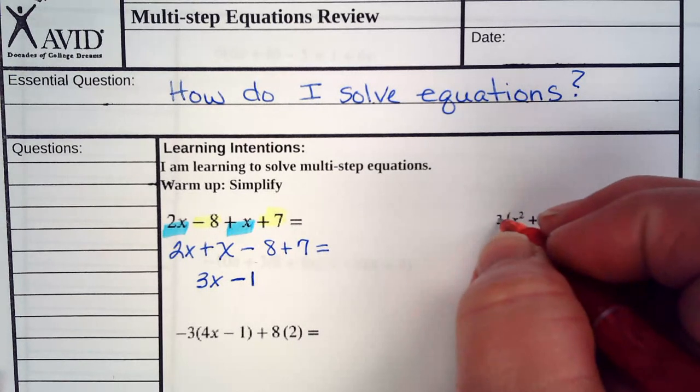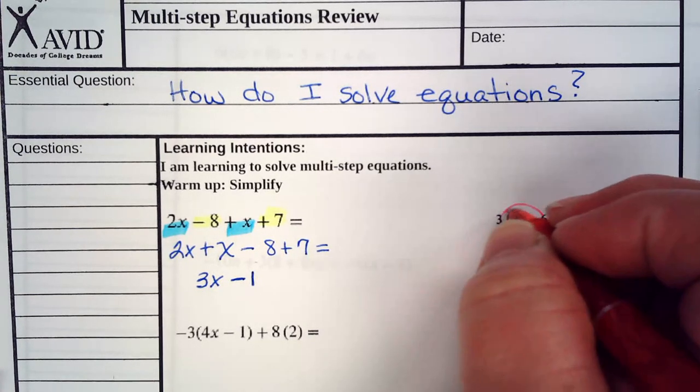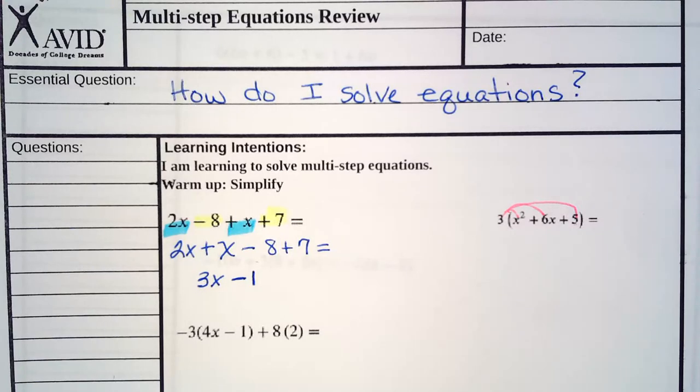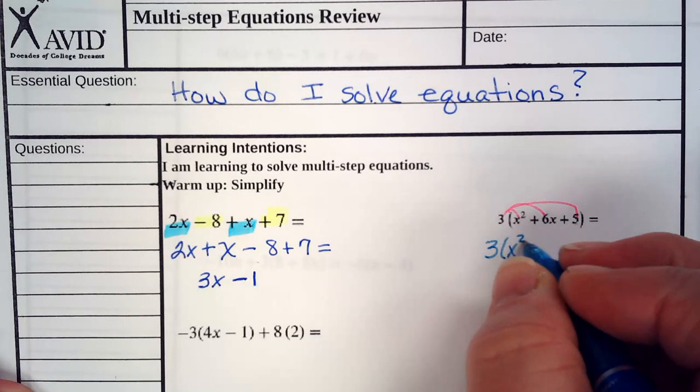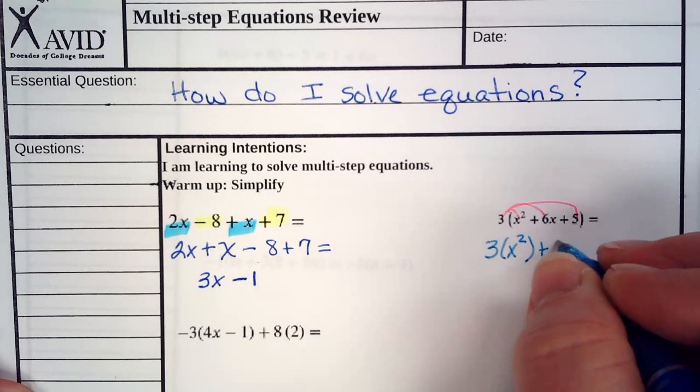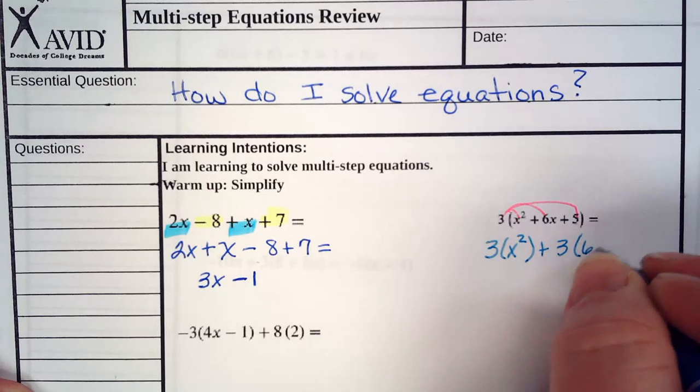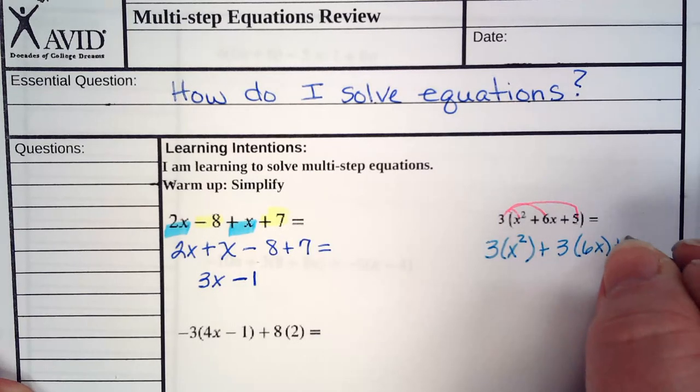For the next one, we have 3 terms. So we've got 3 times x squared plus 3 times 6x plus 3 times 5.